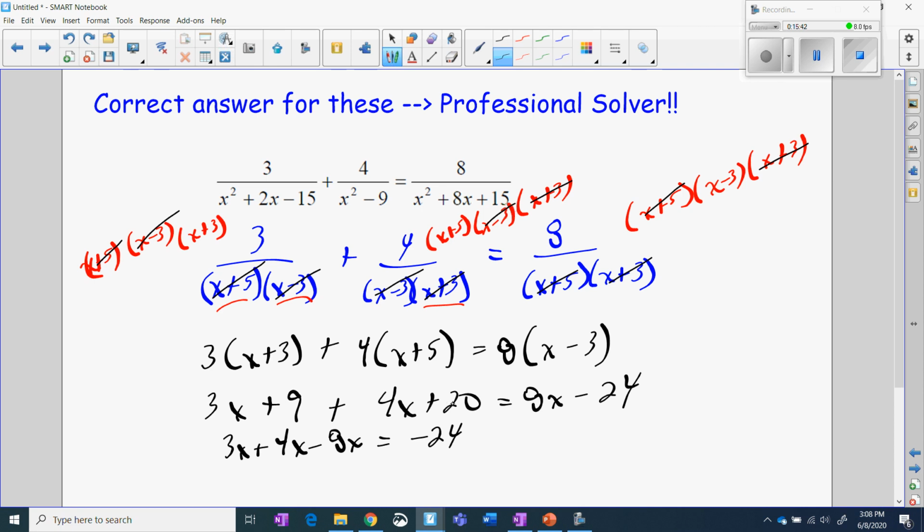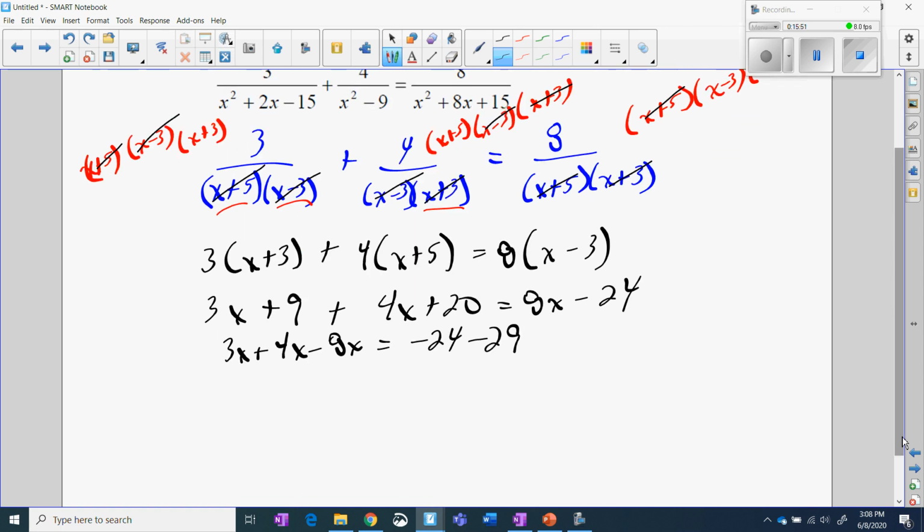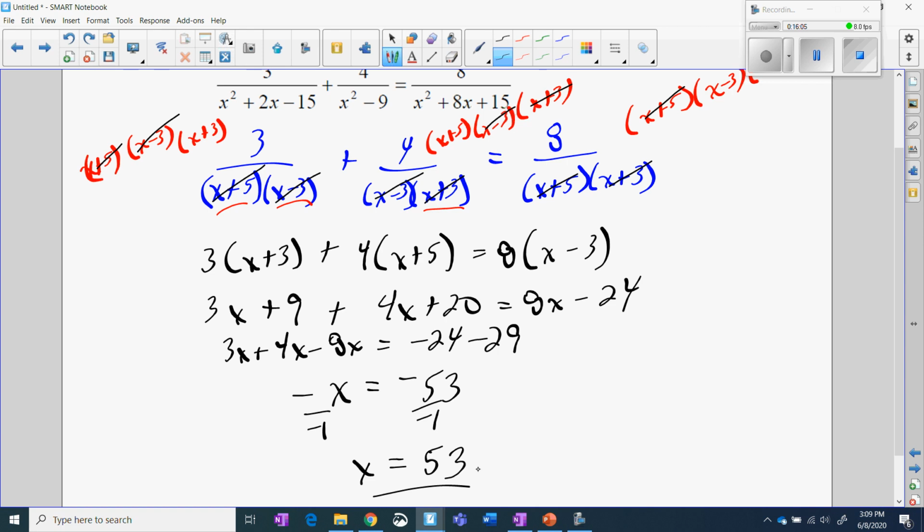When I get 9 and 20, I got 29. So I'm going to have to take away 29. That leaves me with 3x plus 4x minus 8x, so negative x equals negative 53, which means divide by negative 1, divide by negative 1. X must be positive 53.